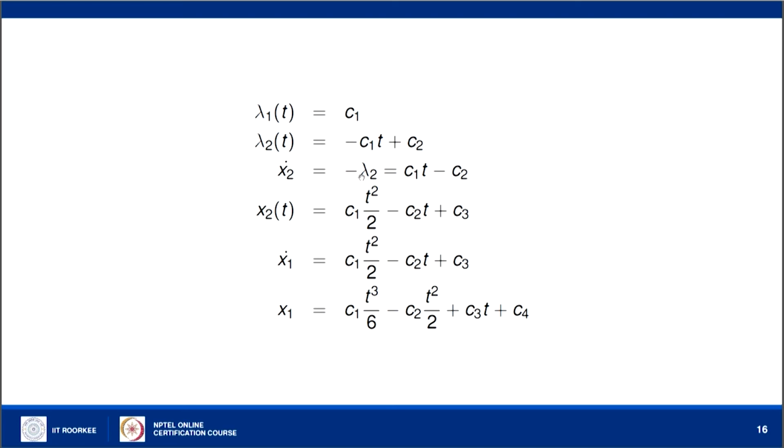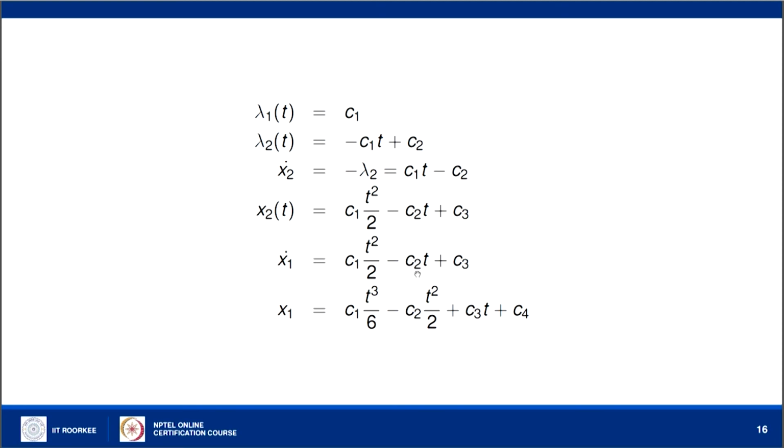X2 dot is minus lambda 2, and when we substitute lambda 2 here, we get this expression C1 t minus C2. So, integrating both sides with respect to t, we get x2 of t is C1 t square by 2 minus C2 t plus C3 constant, and we are given that x1 dot is x2.